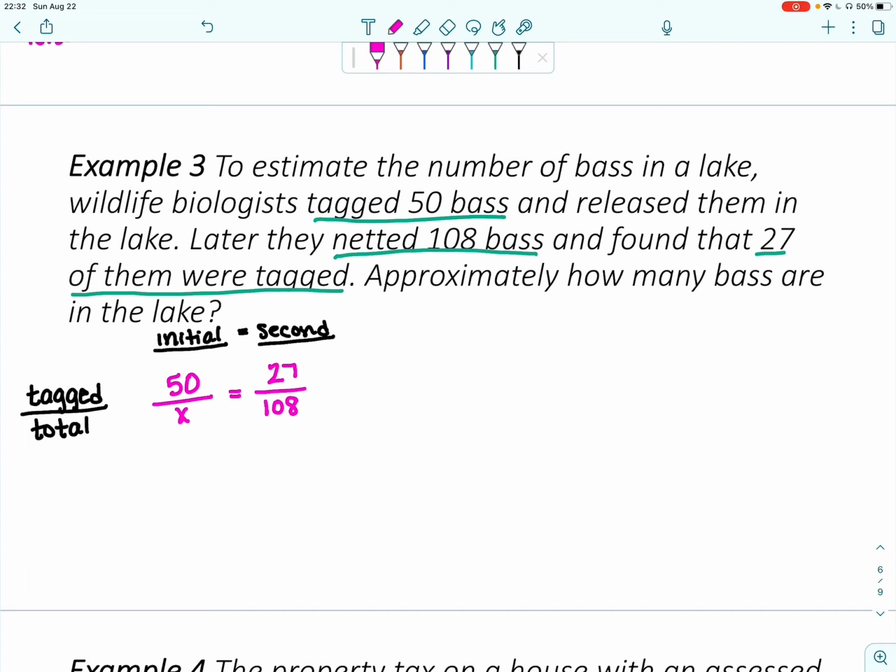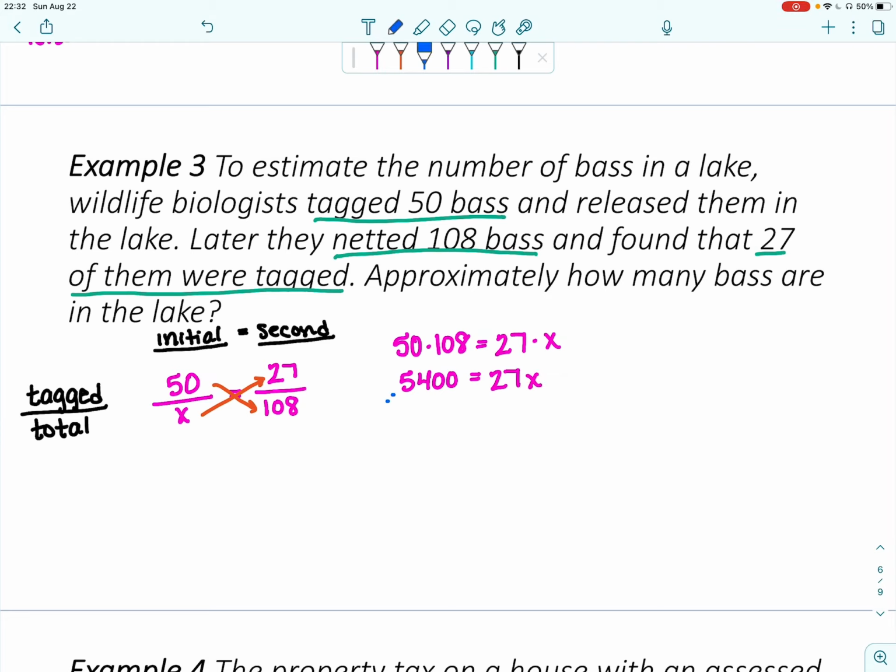So using my cross products, 50 times 108 equals 27 times x, or x times 27. We get 5,400 equals 27x.